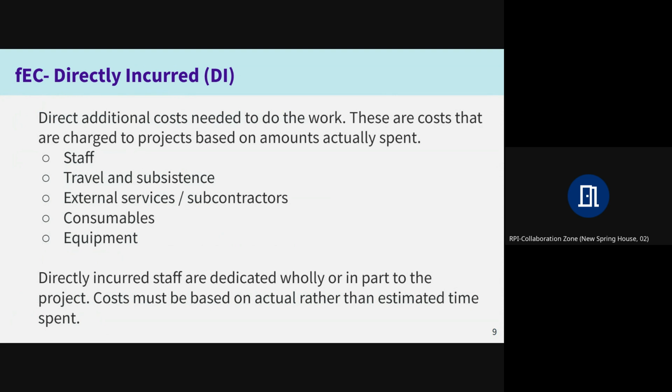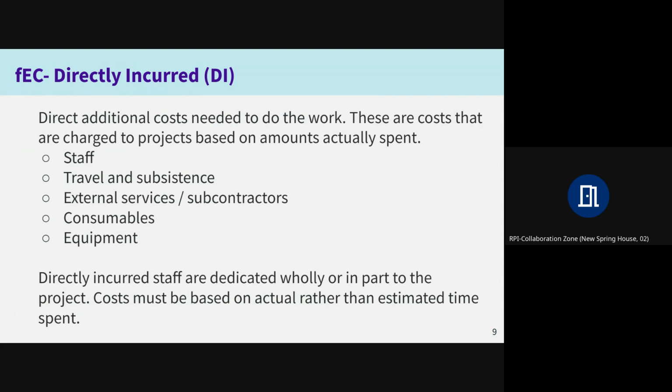Directly incurred, as it suggests, are direct costs associated with the project. They wouldn't have happened if we weren't doing the project. It's often a hard distinction with staff, but staff that are directly incurred are dedicated to that project, and their salaries are specifically costed to that research project.